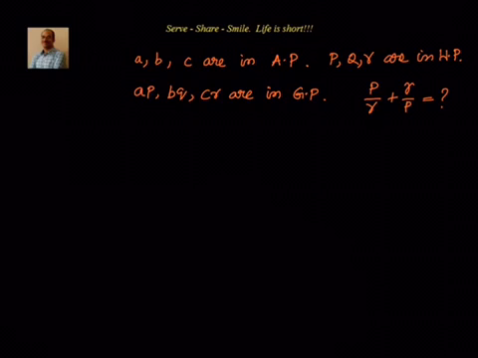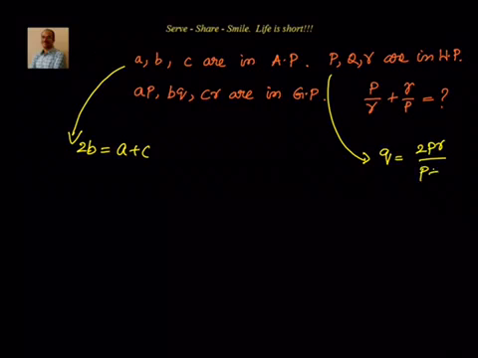So my first step will be writing down ABC are in AP. So according to that, I know 2B equal to A plus C. Now from here I know PQR are in HP, I know Q equal to 2PR divided by P plus R. From here I know they are in GP, so B square equal to AC.